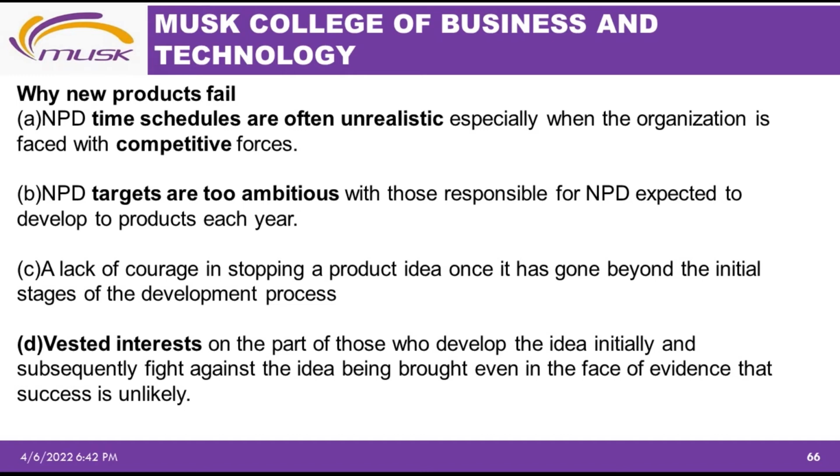Others are developing the product so that they can benefit themselves, so that they can receive accolades that they are the ones who developed the product. So vested interest is about the intention. The intention may not be right. Sometimes companies are running to have very many products. They want to diversify, but they end up getting most things wrong because the intention was not right.